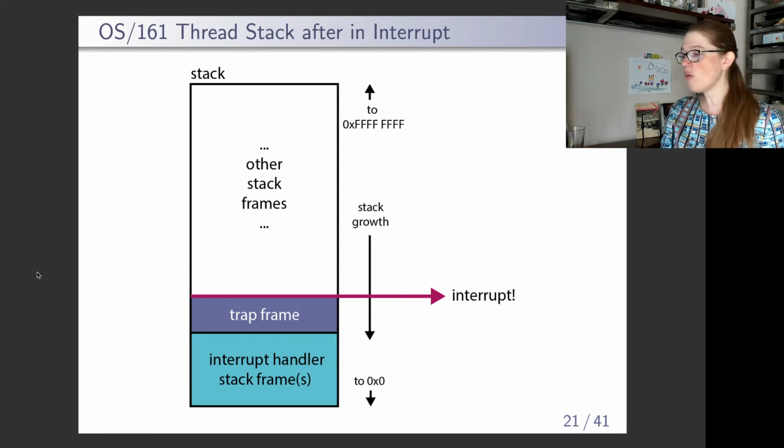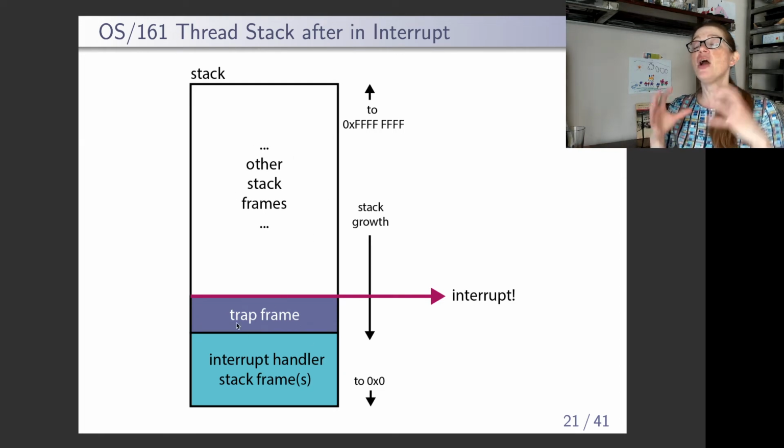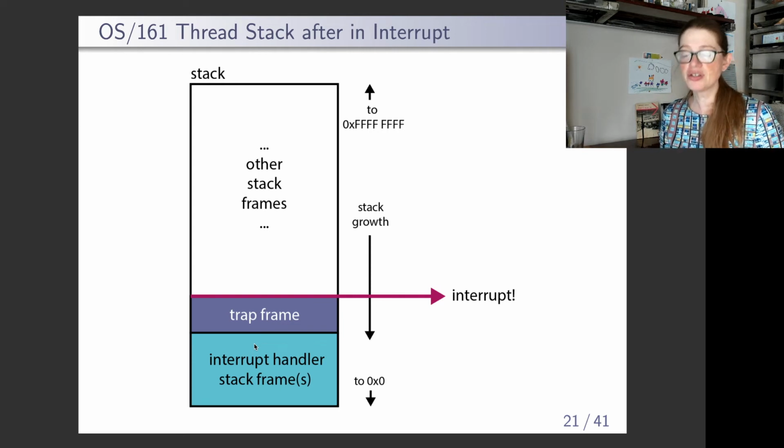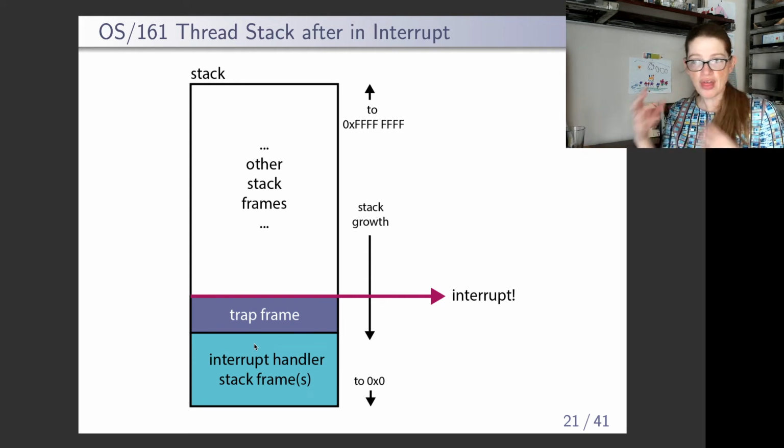Right now, when there's an interrupt, immediately following the interrupt, we get a trap frame. That trap frame is saving the state of all of the stuff that came before the interrupt. And then after the trap frame, we call the real interrupt handlers, and they will do their work, and they may add more stack frames or they may not.